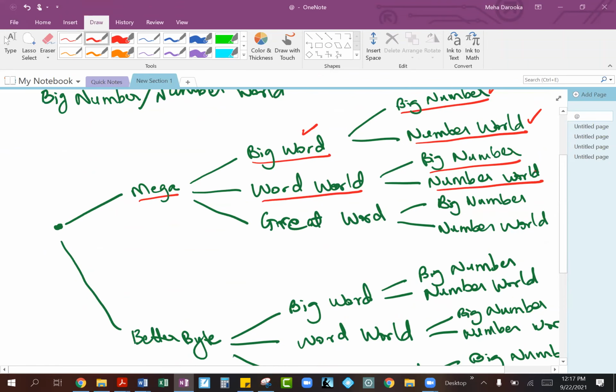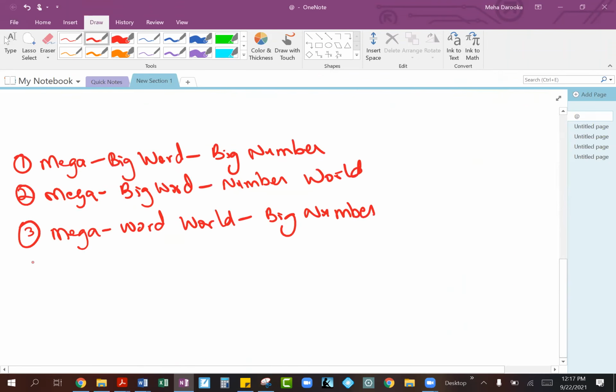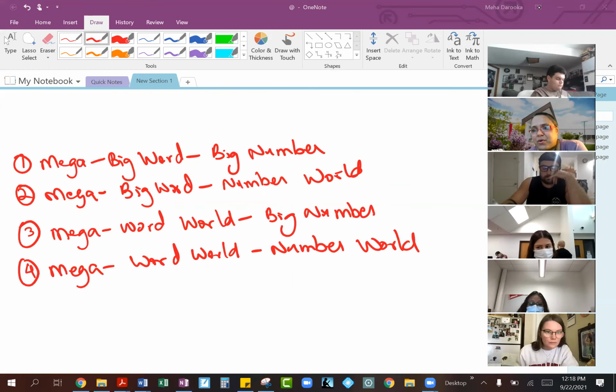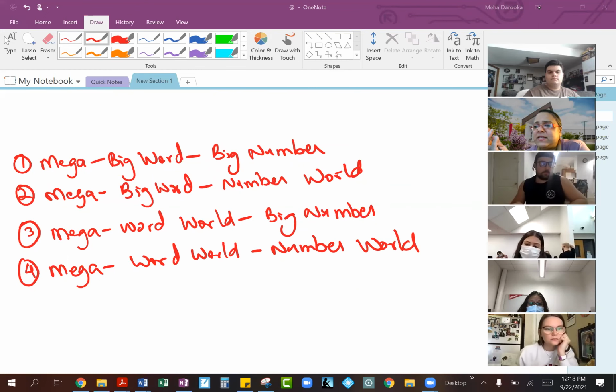And then the next one, you would have to do it with Number World. So same word program, but now you have the second option for the spreadsheet. So does that kind of make sense of how you come up with these different combinations, different possibilities? So it's definitely a tedious process, right?